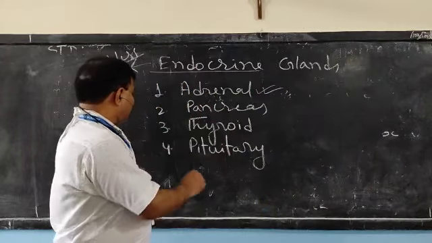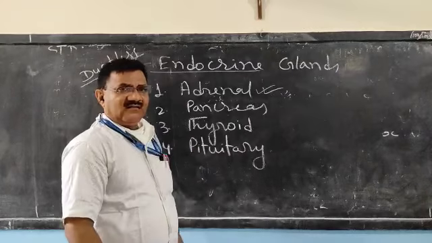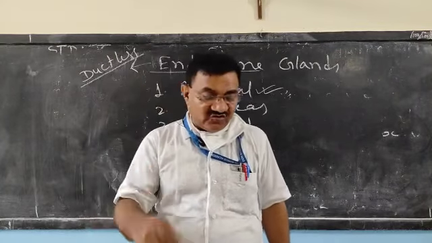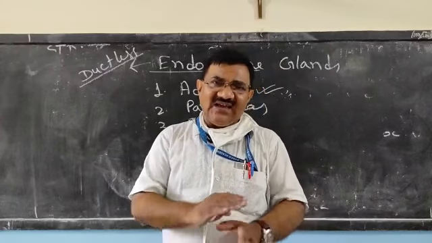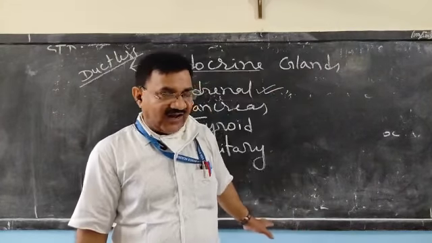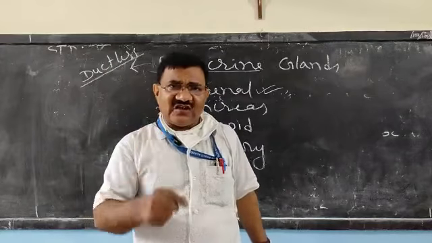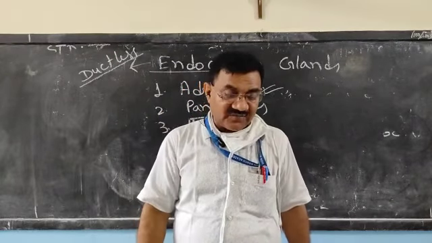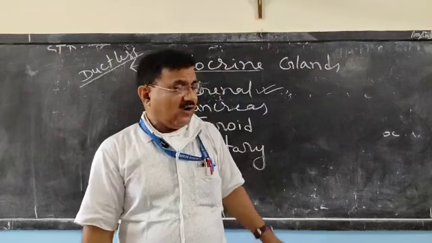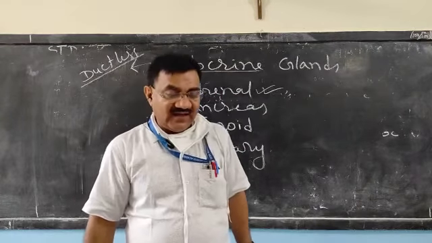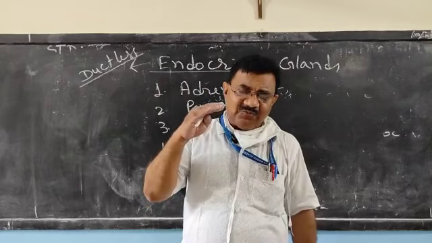The last one is the pituitary gland, called the master gland, because it seems to control practically all other endocrine glands. Its location is very important: it hangs from the base of the midbrain below the hypothalamus. The pituitary has two parts, anterior and posterior.